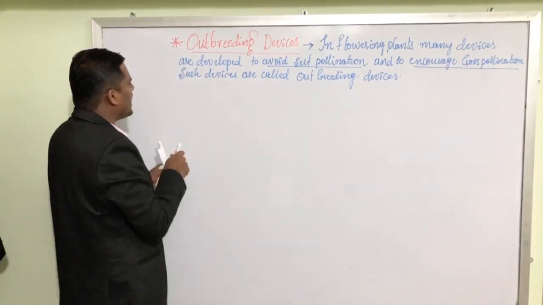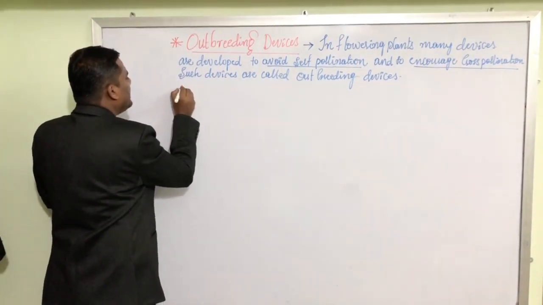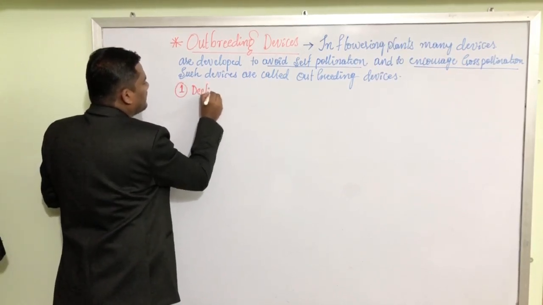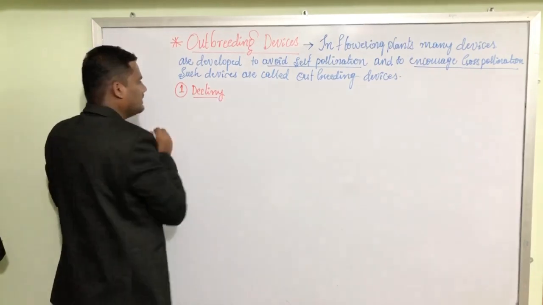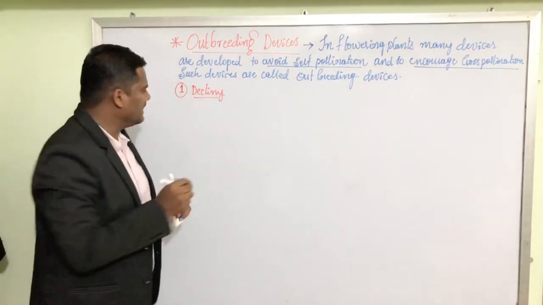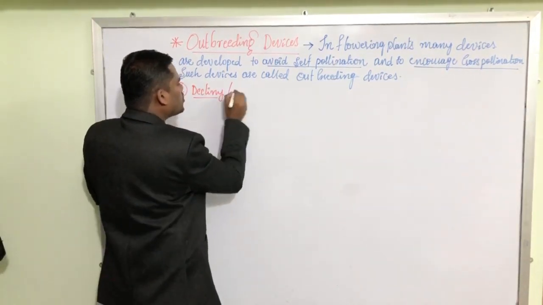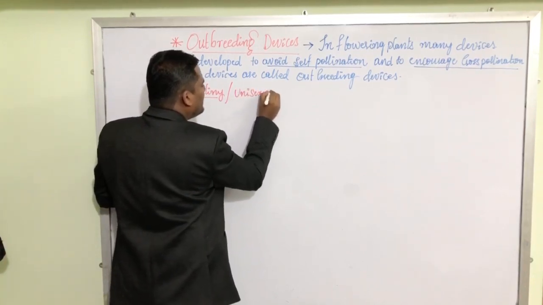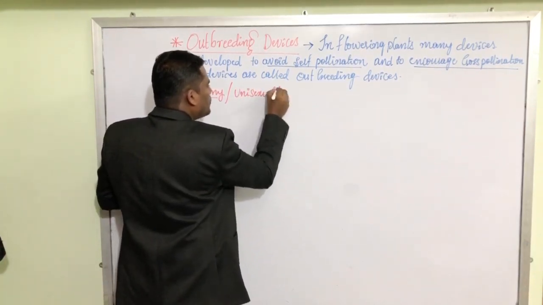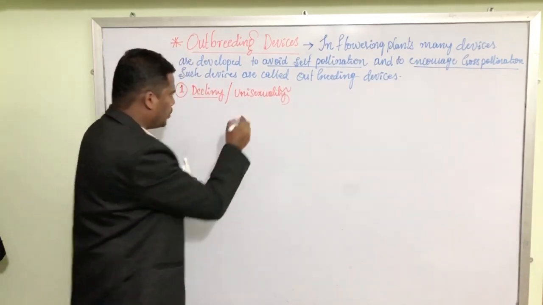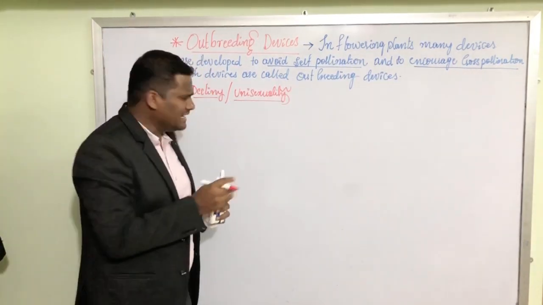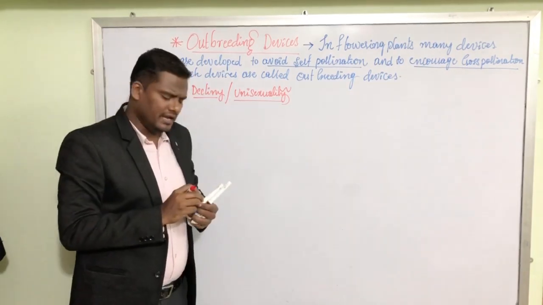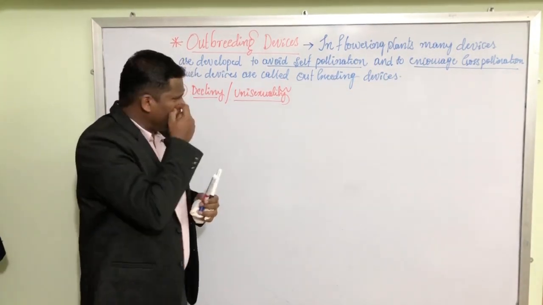The first outbreeding device is dicliny. This is the first outbreeding device. Dicliny is also called unisexuality. Both are one and the same. Dicliny is a technical term given to unisexuality. Uni means one.